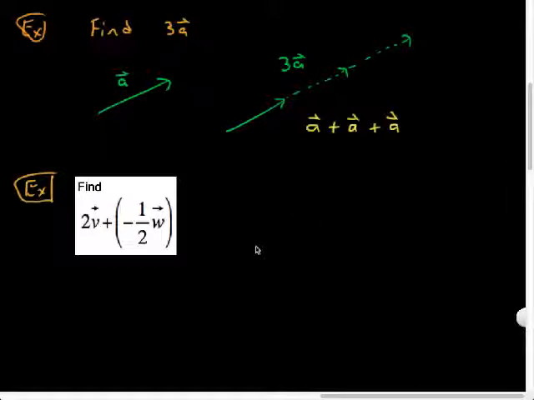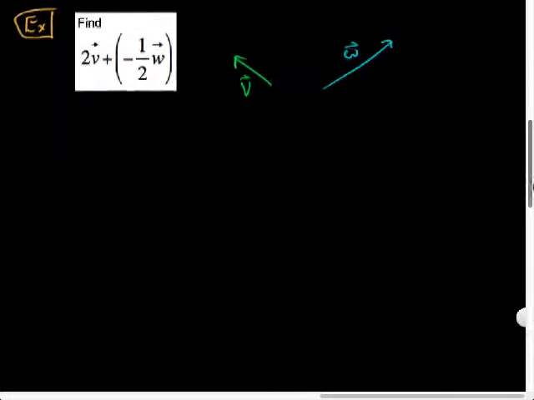And let's say this is vector v. And we'll make up a vector w here. Yeah, that's fine. There. So if I want to deal with that, I'm going to use the tip-to-tail method.